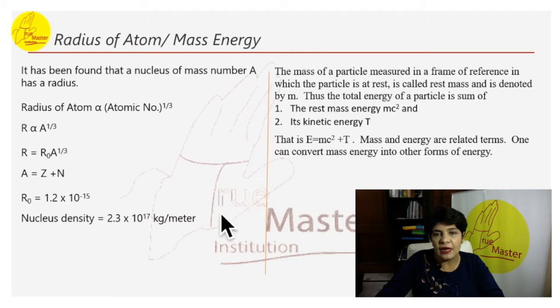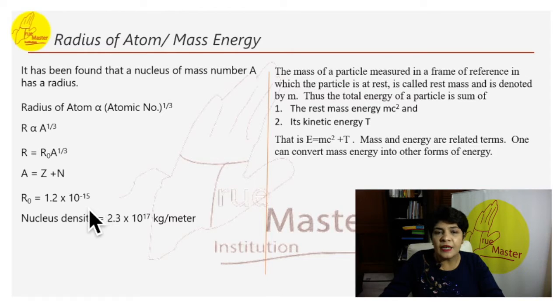Mathematically, it can be represented as R is proportional to A to the power 1 by 3. To make it equal, we can put a constant here, so we can write R equals R naught times A to the power 1 by 3. Here, the value of R naught is 1.2 into 10 to the power minus 15.